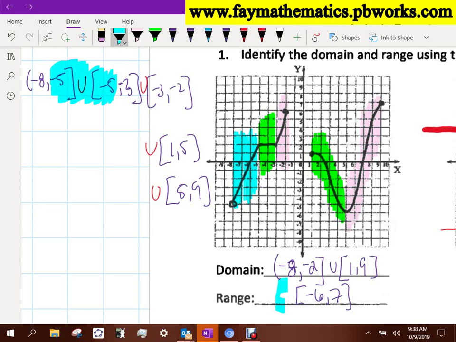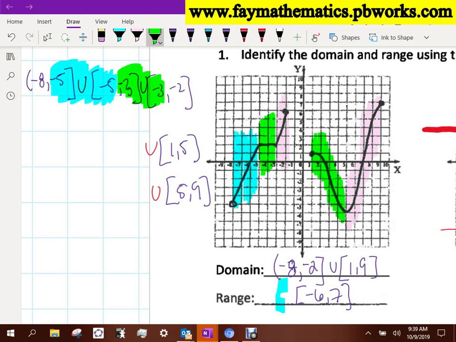No, right? -5 is part of my domain. Let's leave it in there. So those two intervals are better written as -8 to -3. But then the argument is, well, we did the same thing here. -3 is included in the middle one, it's included in the right one, so -3 doesn't get kicked out. So from -8 up to -2, we're not kicking anything out. So why not just write -8 up to -2? Does that make sense? Okay?